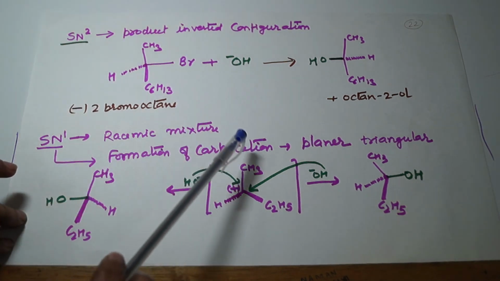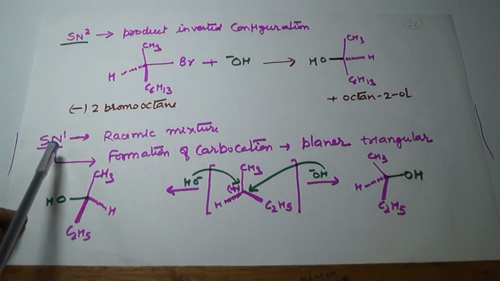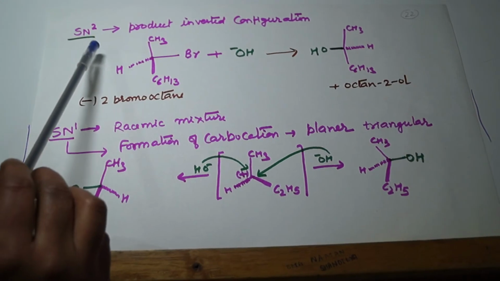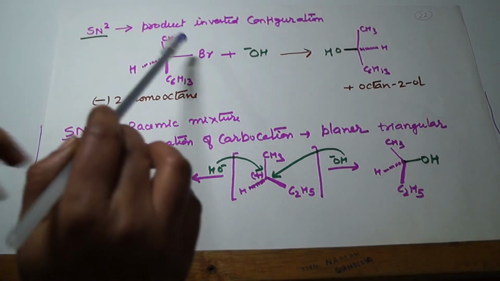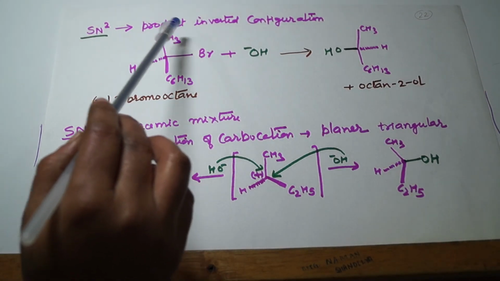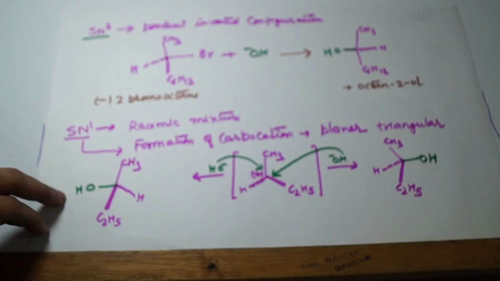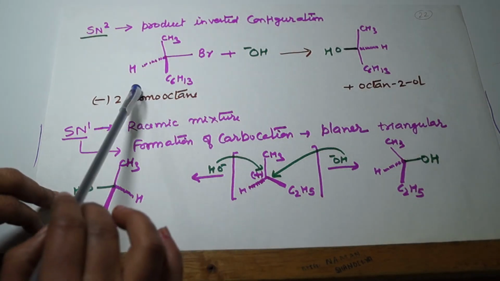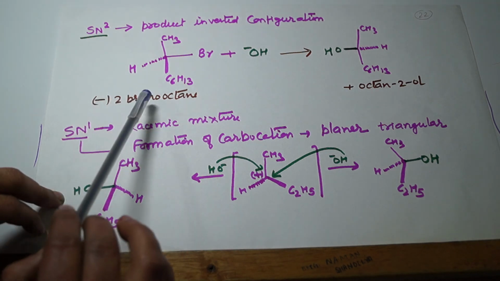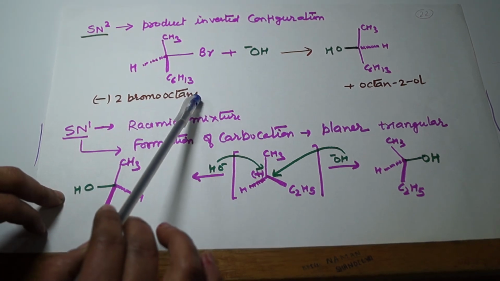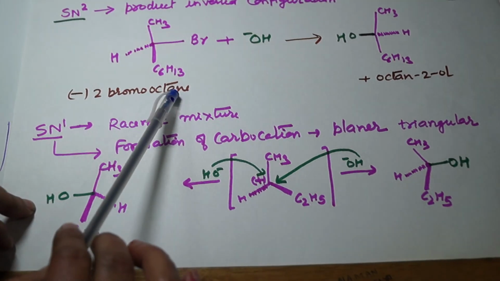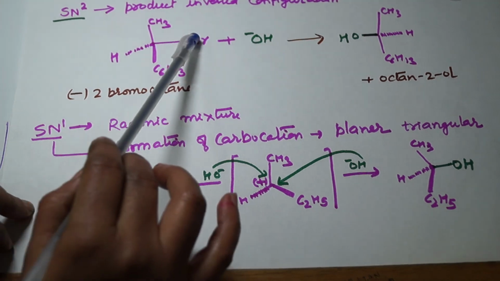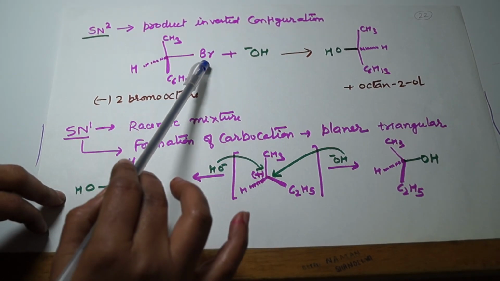Now, we will take the example of SN2 and SN1 reaction mechanisms. In the SN2 reaction mechanism, we have told you that there will be an inverted configuration in the product. How is it? You can see in this. I have taken (-)-2-bromooctane as an example. That means it is levorotatory and the bromine atom is placed here.